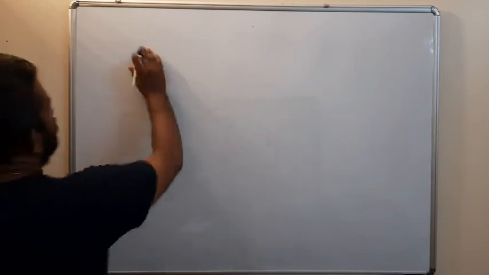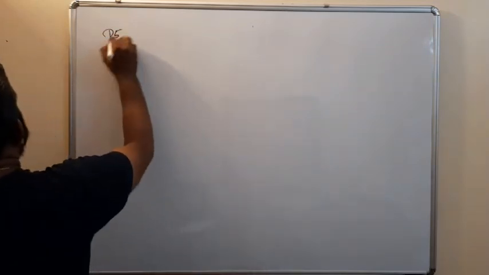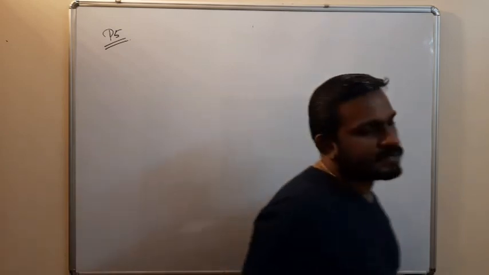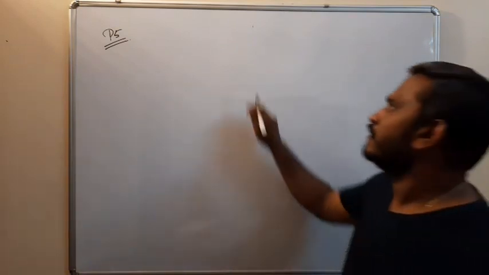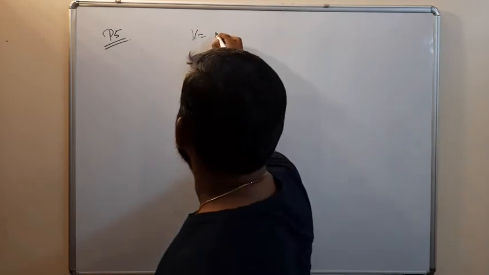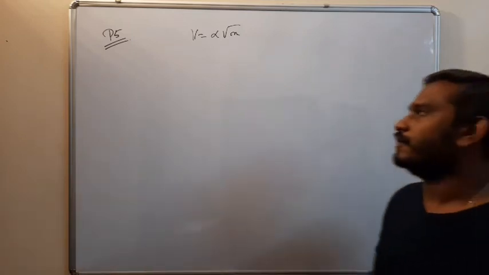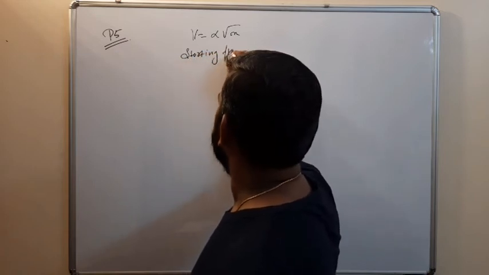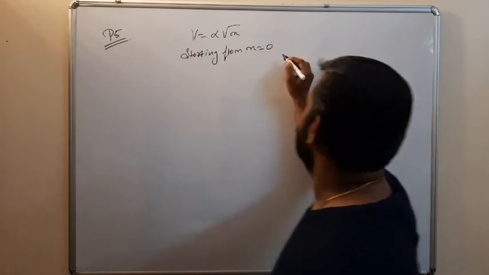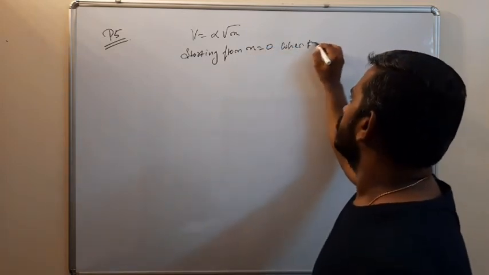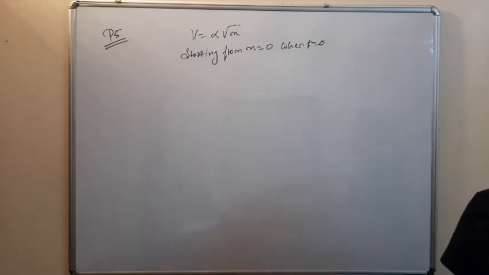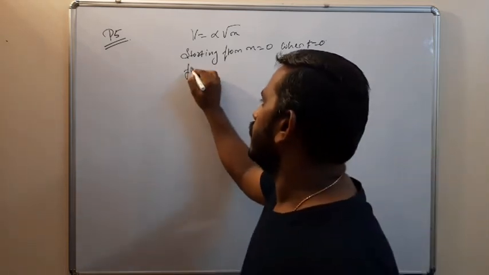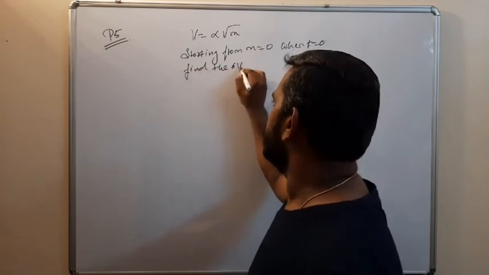So the next problem. A car is moving with a velocity v is equal to alpha root x, starting from x equal to 0 when t is equal to 0.